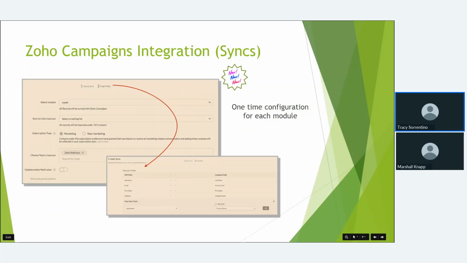And then if you need to mark them as non-marketing or inactive, we can do that in one of two ways. You can do that by selecting them from the all contacts database and updating their subscription type, or we can put in automation that will allow you to automatically update that subscription type. I'm going to show you that in my demonstration.